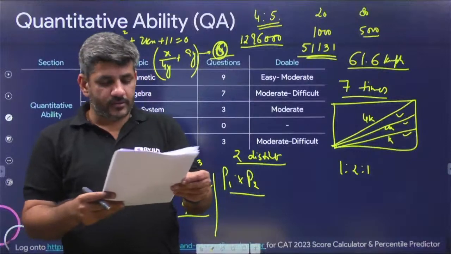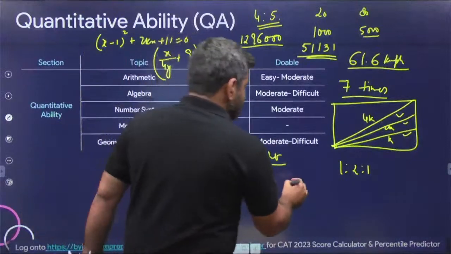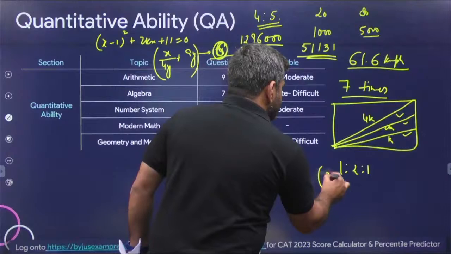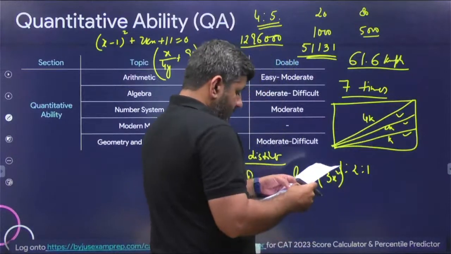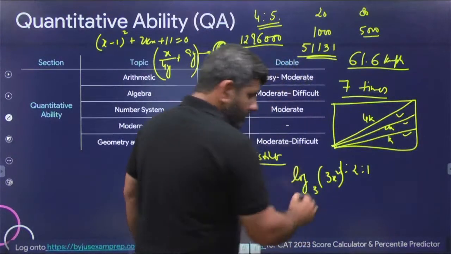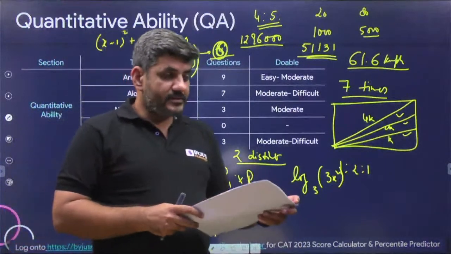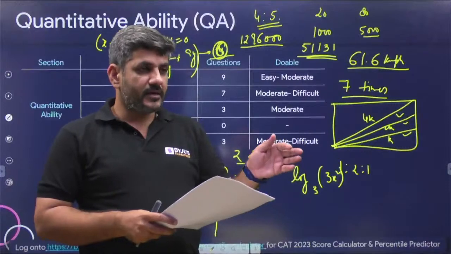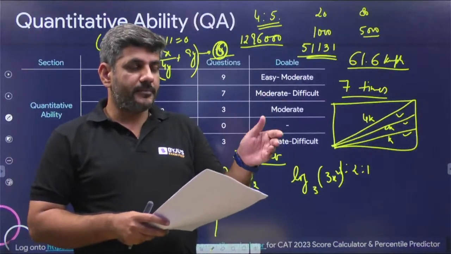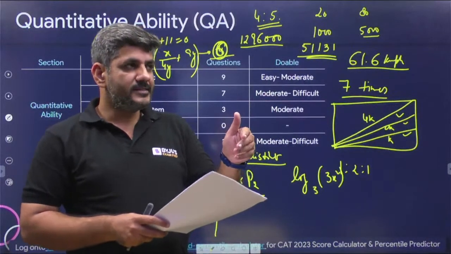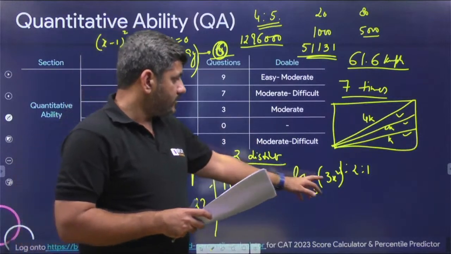नेक्स्ट क्वेश्चन वाज ऑन लॉगरिथम, वेयर द क्वेश्चन आस्क्ड अबाउट log ऑफ 3x स्क्वायर with base of 3. What answer was there for this question? I got something like log x square to the base 3 is equal to 6. So x square was 3 to the power 6.